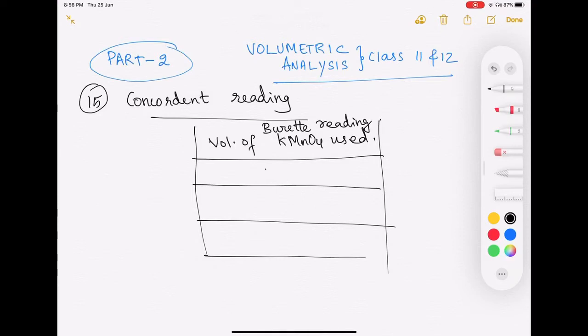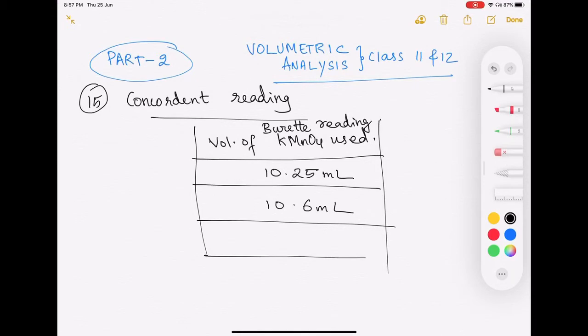For example, first time I'm getting the volume as 10.25 milliliter. Imagine this is just a rough value, okay? 10.25 milliliter as your burette reading on completing the redox titration. Imagine second time when you are doing, you are getting 10.6 milliliter.